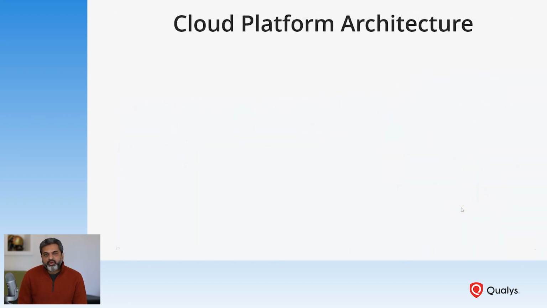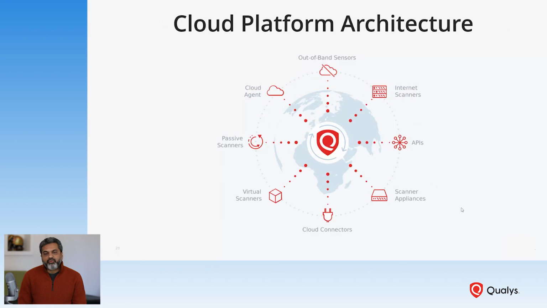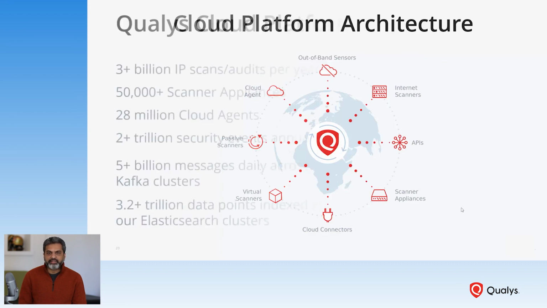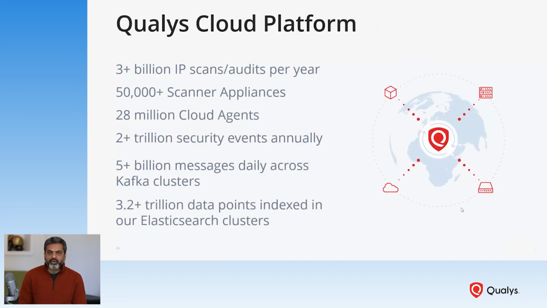All of this is possible today because of our cloud-based platform and the architecture, which is extremely simple. You have the sensors that are collecting a large amount of information, sending it to a very powerful backend that we have built that is able to analyze and assess this information, and correlate it against threats and against assets. All of this requires a lot of crunching. Today, of course, we have done a lot of the hard work.